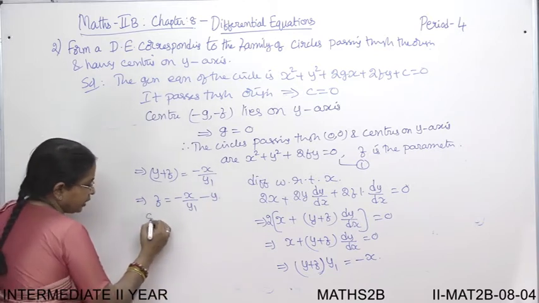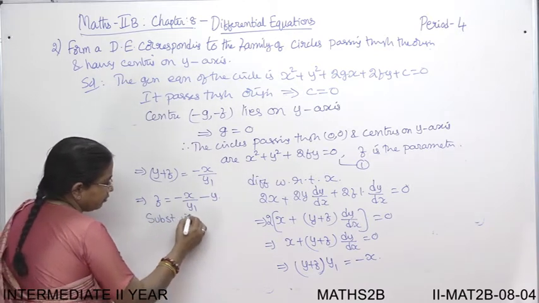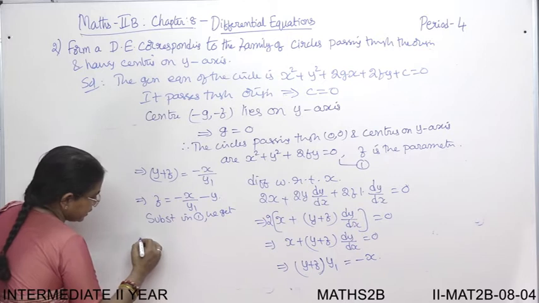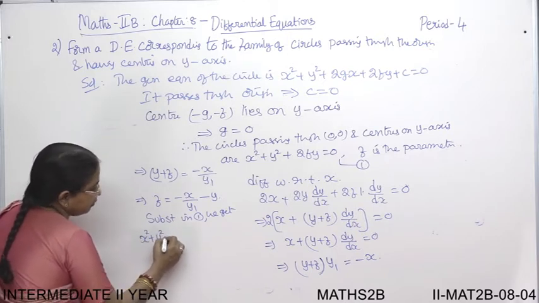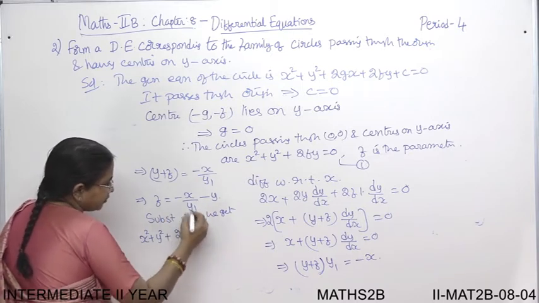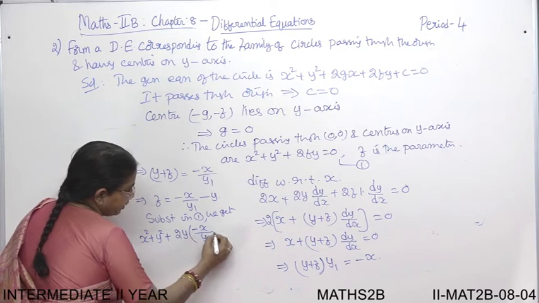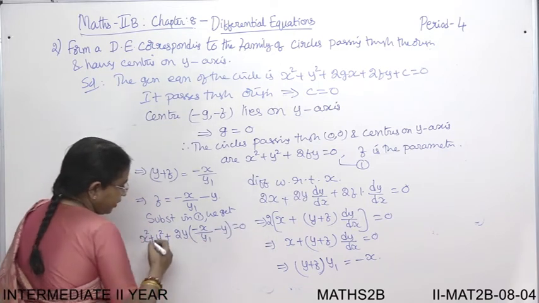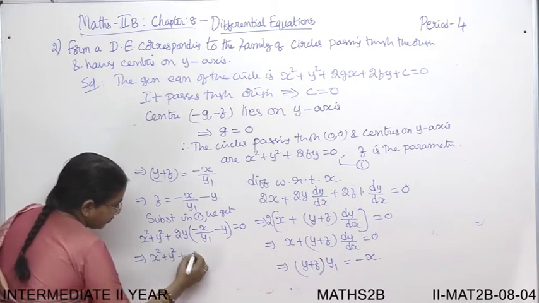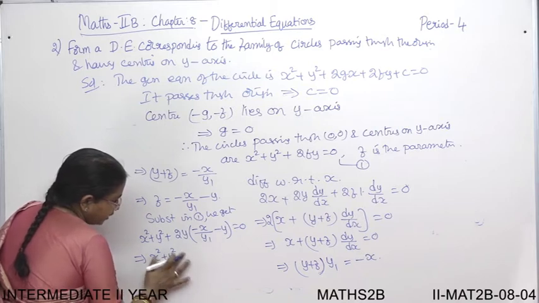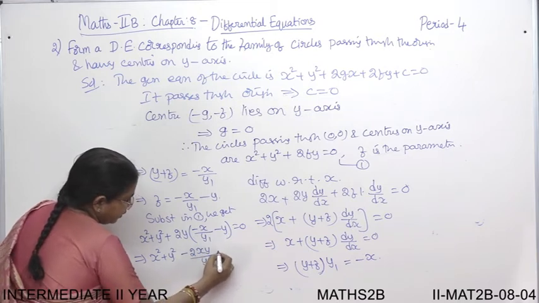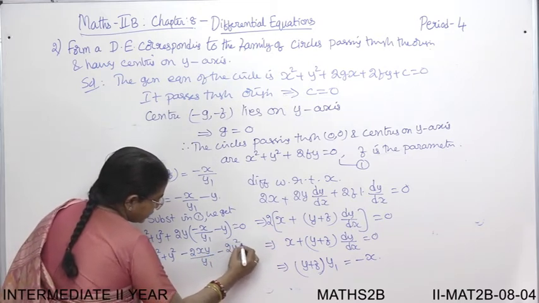Now substituting in equation 1, we get x square plus y square plus 2fy. Multiply this by 2y into f, and f is this: minus x by y1 minus y, is equal to 0. Now simplifying, you'll get x square plus y square minus 2xy by y1 minus 2y square is equal to 0.